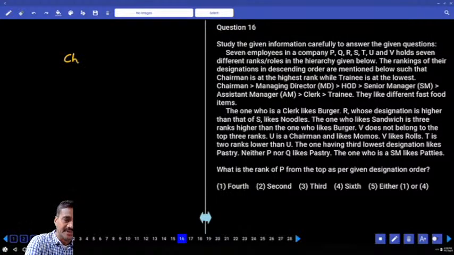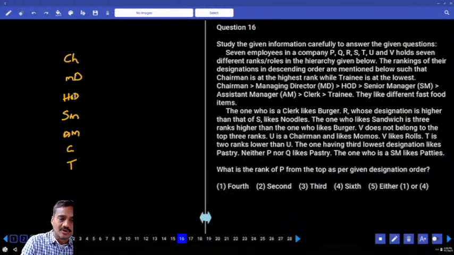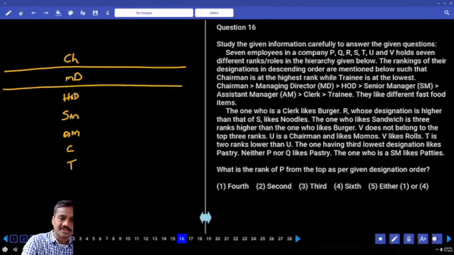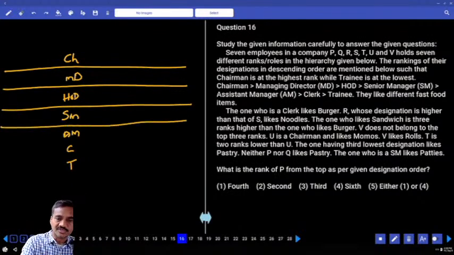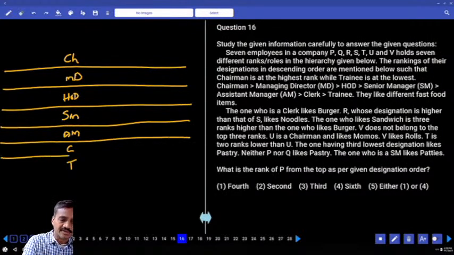Chairman, managing director, HOD, next senior manager, and next to senior manager, assistant manager, and clerk and a trainee. Clerk and a trainee, all together how many? There are 7 persons: chairman, managing director, head of the department, senior manager, assistant manager, clerk and a trainee.